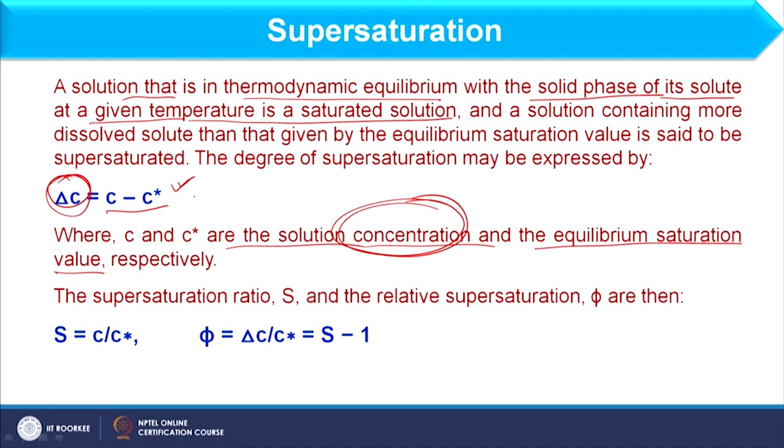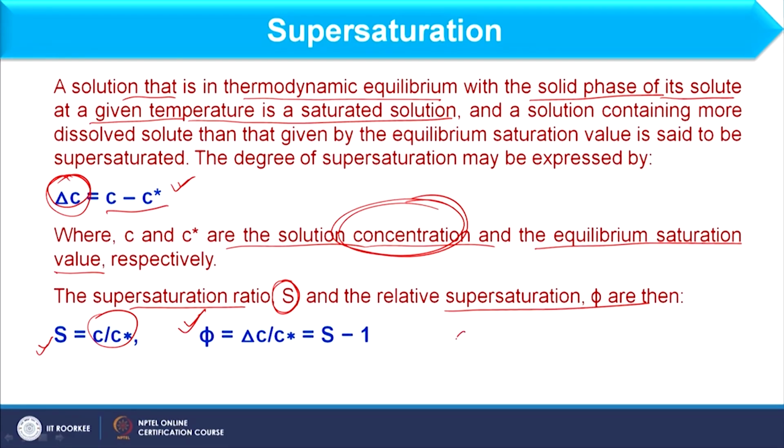The difference of these two is the degree of supersaturation, and further we have the supersaturation ratio, which can be represented as capital S, and a relative supersaturation psi, which is delta C by C star.